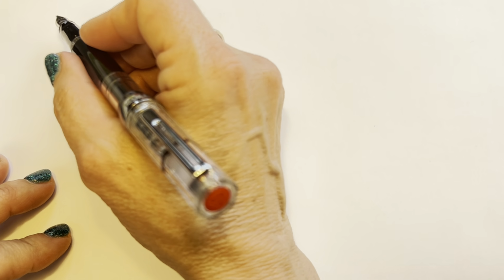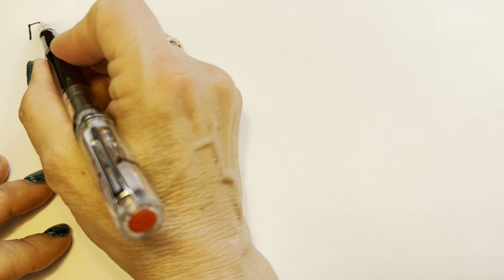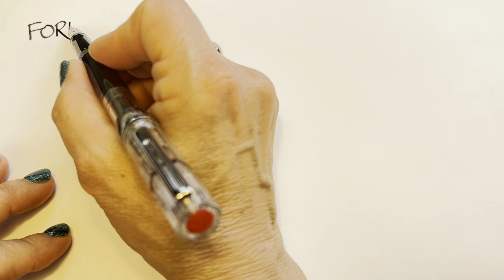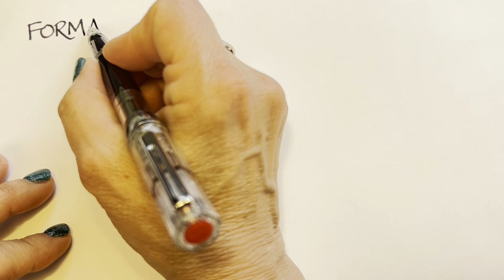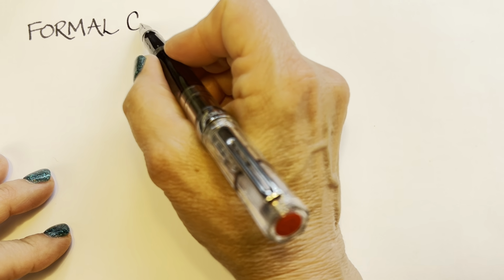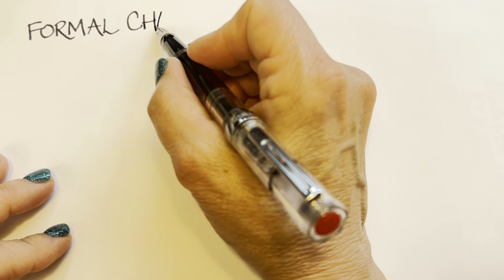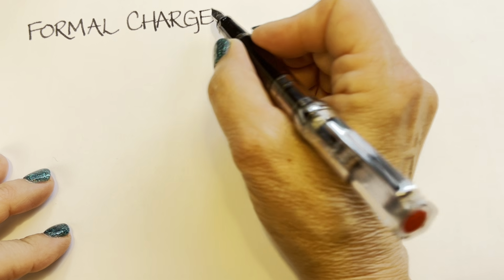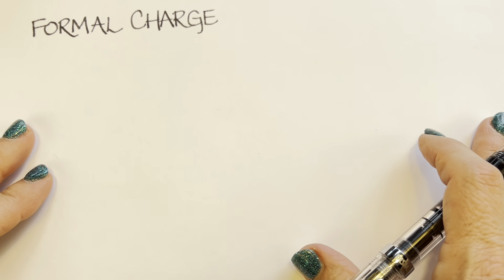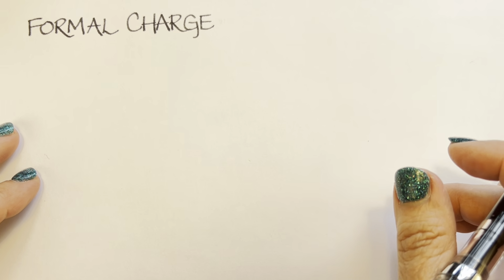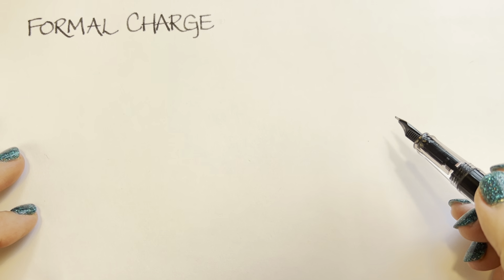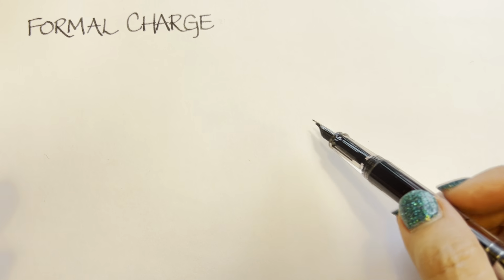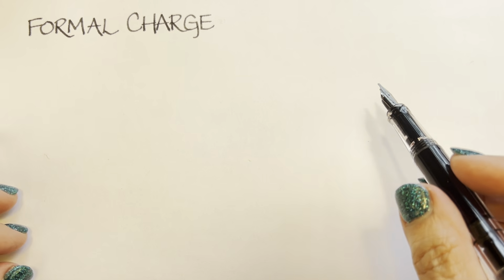Formal charge has some very good uses, and one of them is predicting the correct structure for molecules, and it can also be used specifically to predict which of the resonance structures is going to contribute to the overall structure the most when you do have resonance.